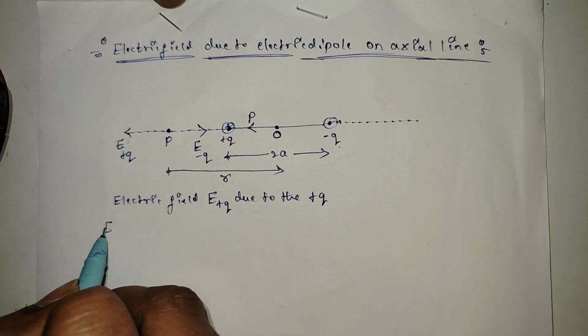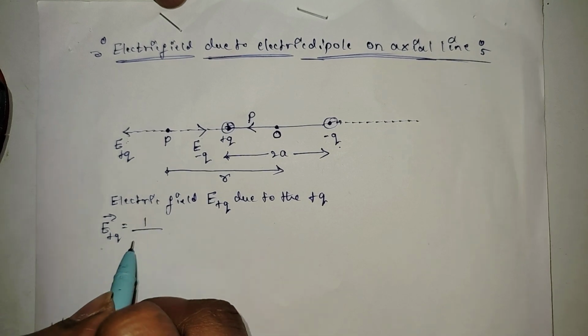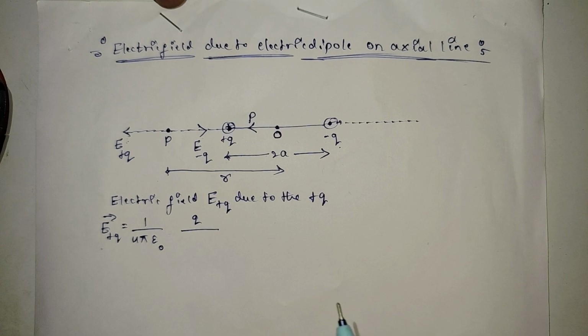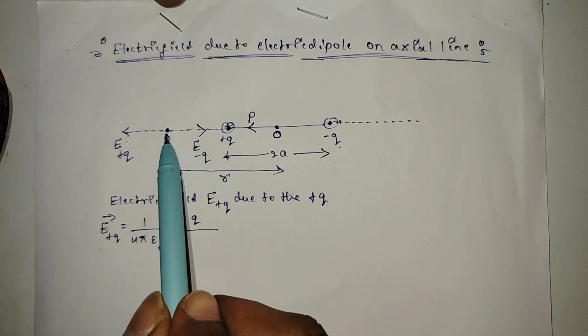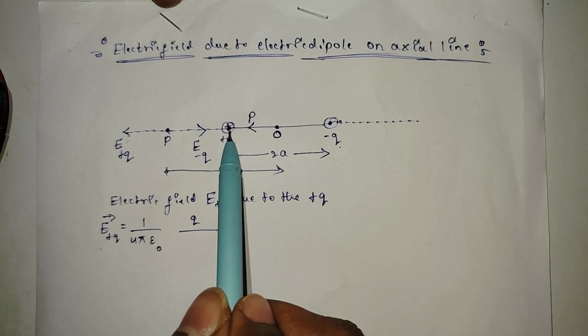So the equation is E plus Q equals 1 divided by 4 pi epsilon naught, Q divided by the distance between P and the plus Q charge.